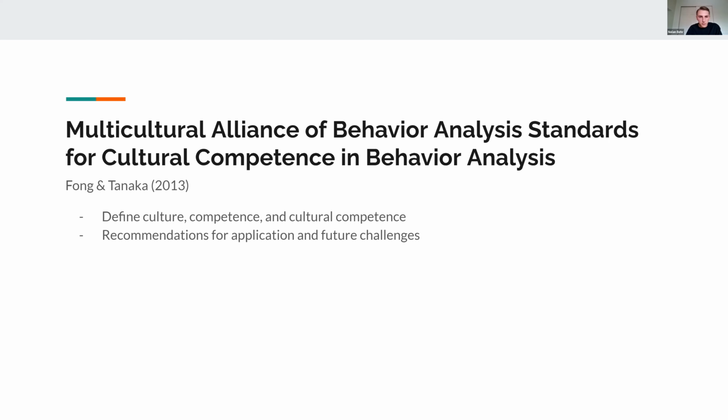And so they talk about how clinicians need to ensure that they are properly educated and aware of various cultural competencies or to be culturally sensitive. And the authors then also go on to say that though there have been guidelines established for responsible conduct, there is yet to be standards to ensure that cultural competence is sustained again for the long term in the field of behavior analysis.